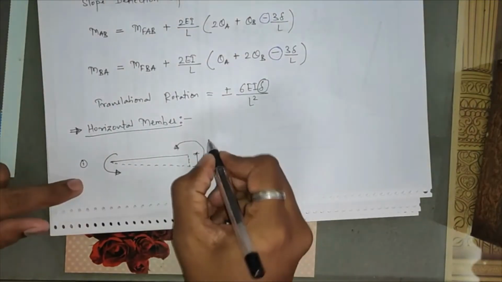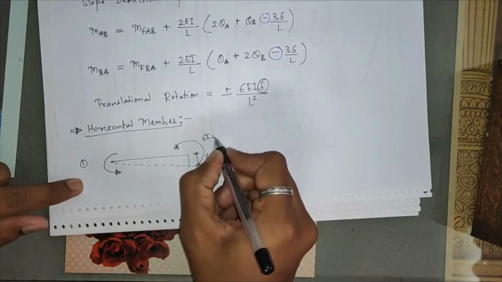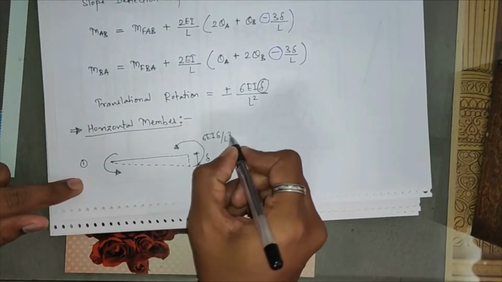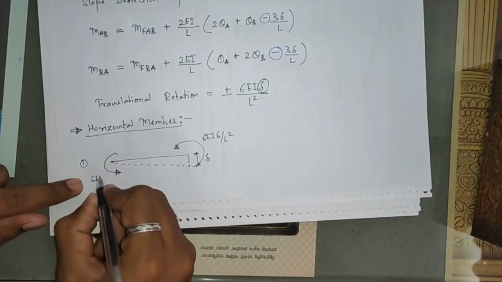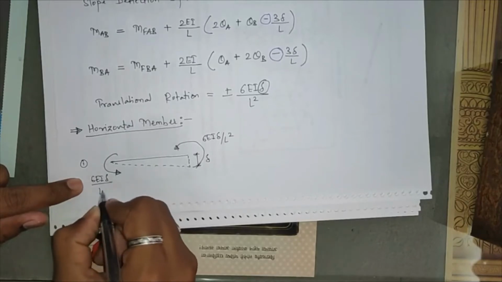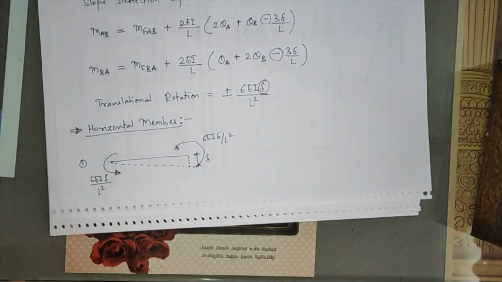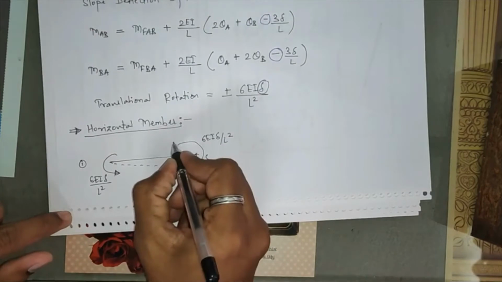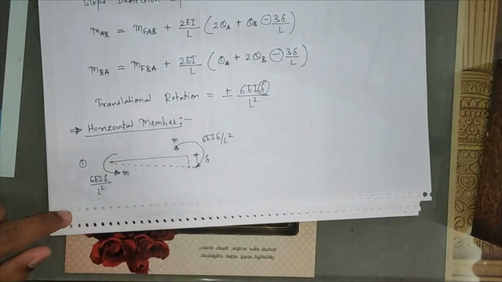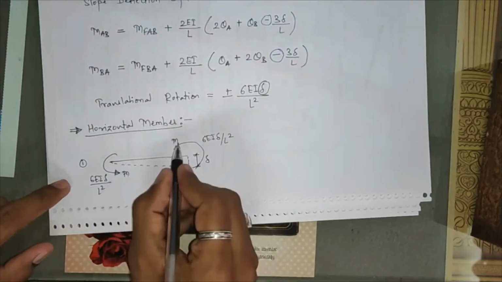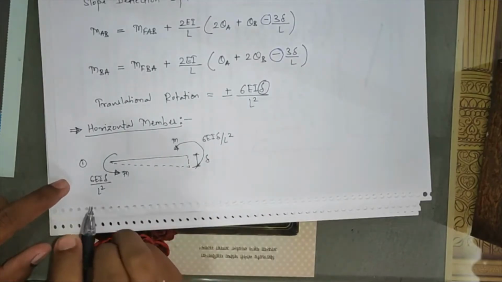So that comes to 6EI delta divided by L square, and again 6EI delta divided by L square. What you have to remember is that this is nothing but a moment, say M, and that M value is equal to 6EI delta upon L square.